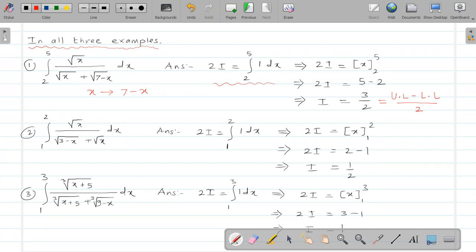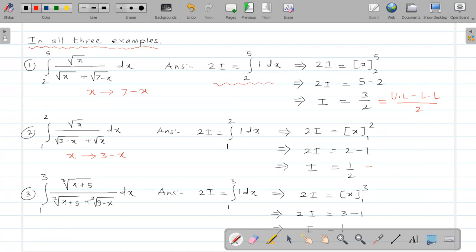Similarly, in the second example, it is the integration from 1 to 2 of root x upon root of 3 minus x plus root x. By using that property we have replaced x with 1 plus 2 minus x, that is 3 minus x. After addition of the 2 integrations we get 2I is equal to the integration from 1 to 2 of 1 dx, and then by solving that we get 2I is equal to x, because the integration of 1 is x, and putting the upper limit minus lower limit we get 2 minus 1, and by dividing by 2 we get 1 upon 2.